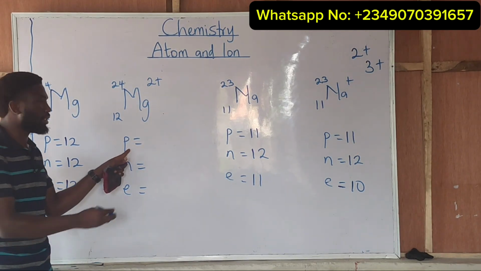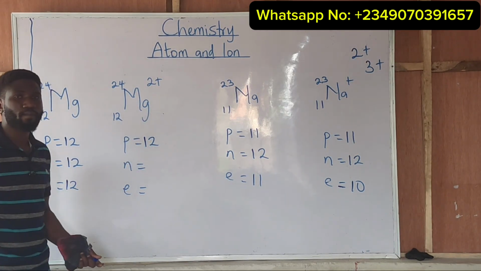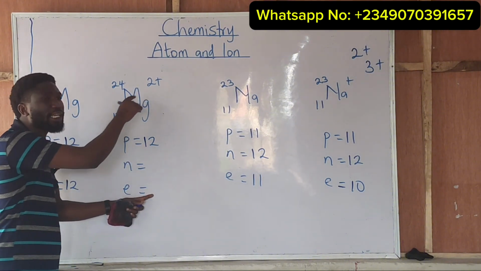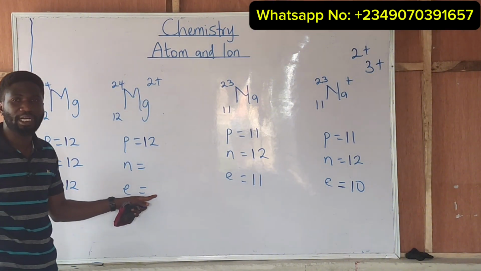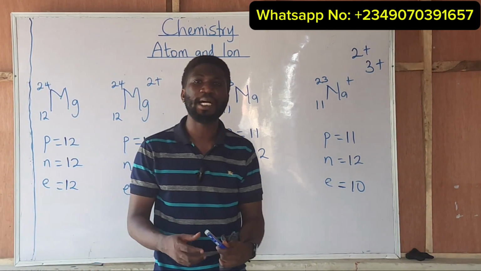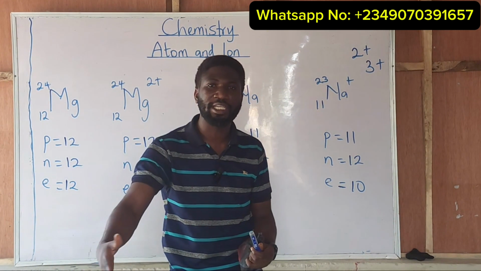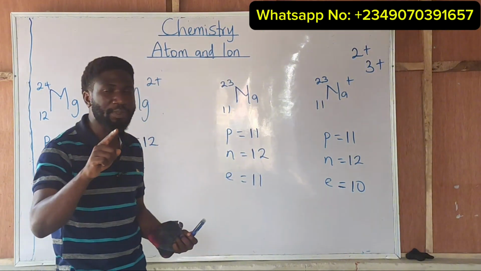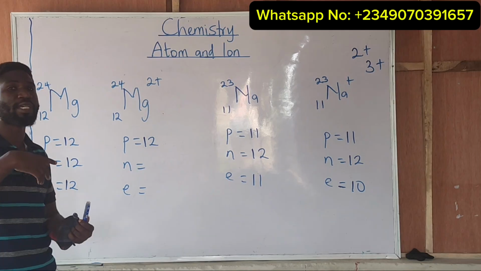Here too, the proton is 12. The electron is meant to be 12, but because this is positively charged, this shows that electrons have been lost. How many electrons here? 2 electrons have been lost. Whenever you have positive, that shows that electron or electrons have been lost.